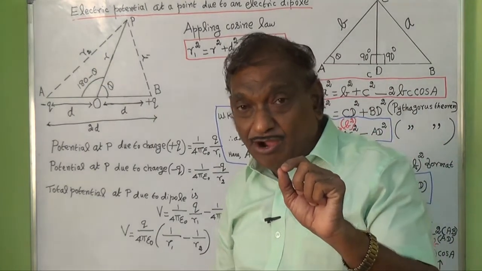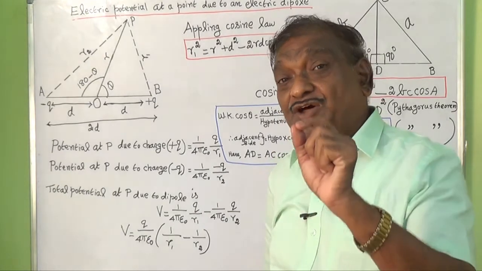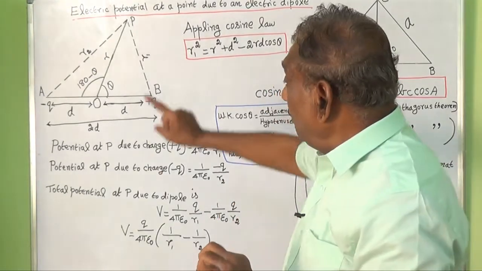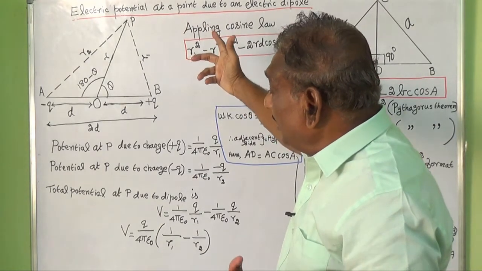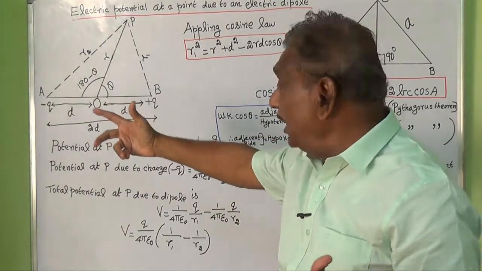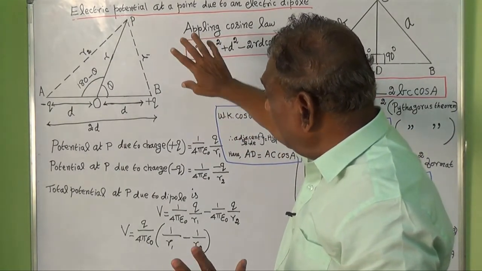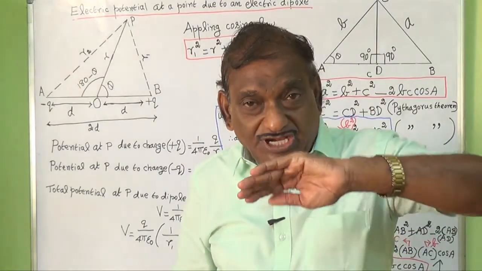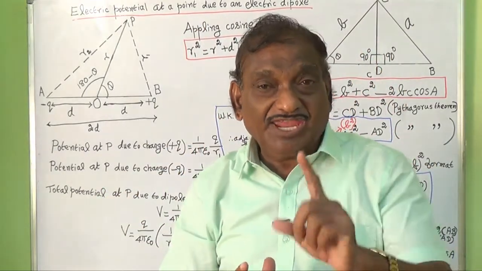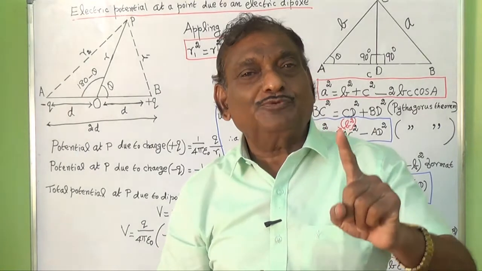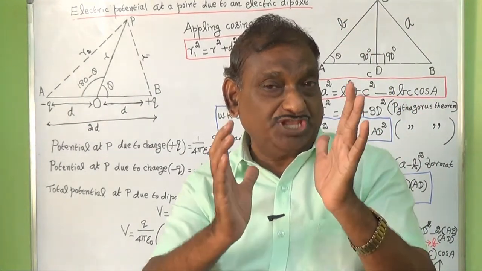In this diagram, the distance between the center of the dipole and the point P is given as r, but the distance between the plus Q charge and P is not given. If two sides are known in a right angled triangle, we can find the value of the third side by applying the Pythagoras theorem.